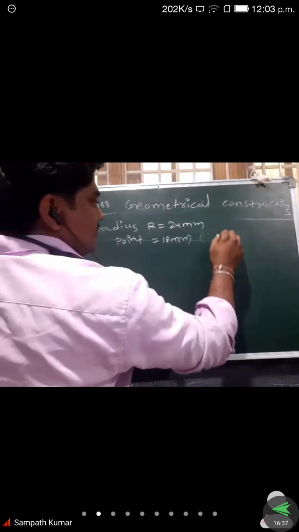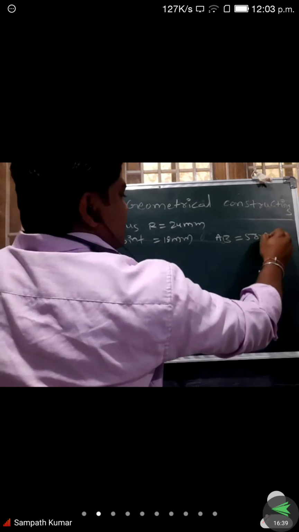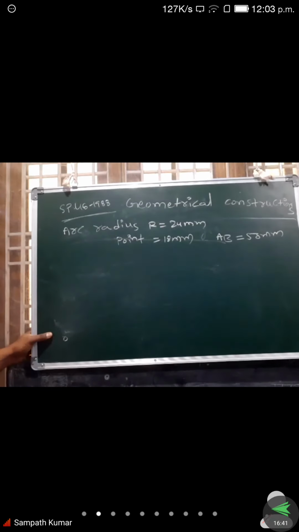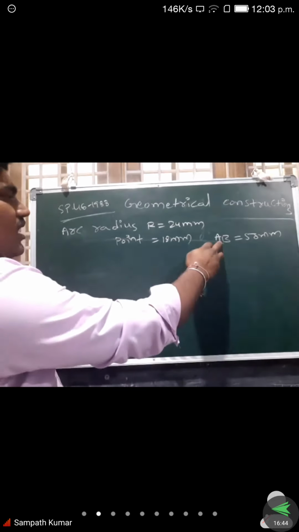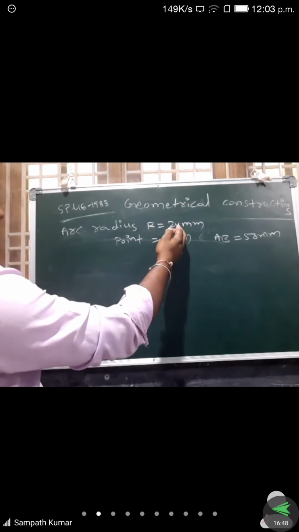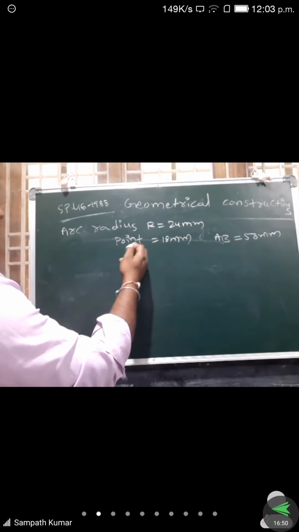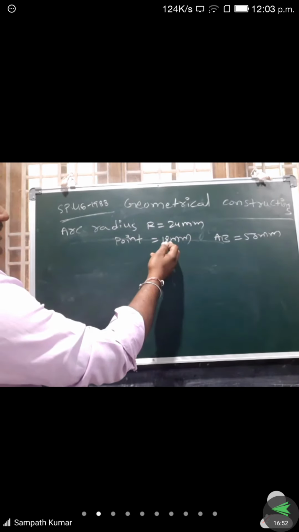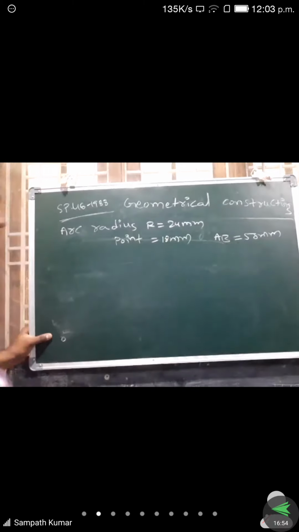The arc is passing through a point 18 mm from the line, and line AB is equal to 50 mm. We have to draw the arc tangential to the given line.